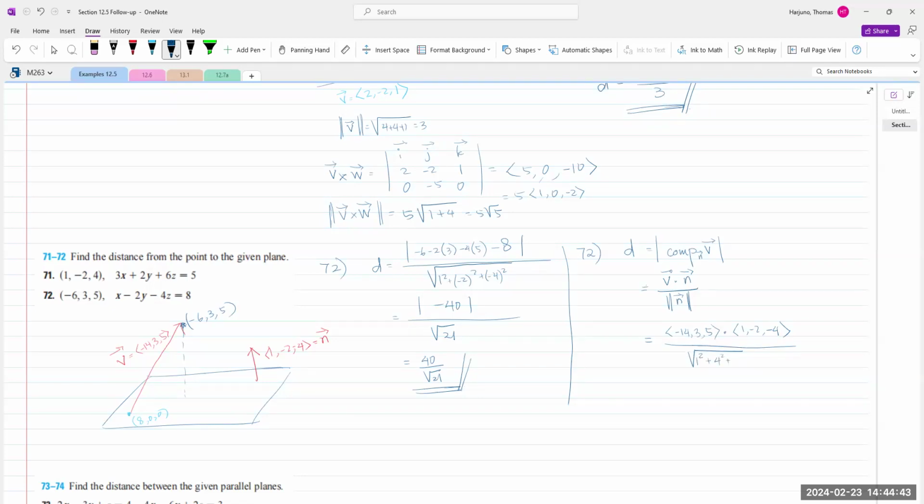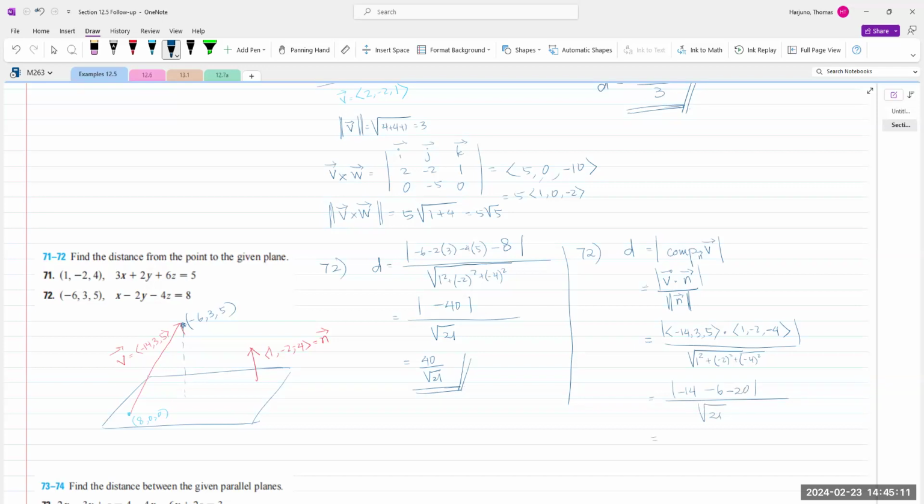which is 1 squared plus -2 squared, what am I doing, plus -4 squared. Now on the top, I will get -14 minus 6 minus 20 in absolute value, over the square root of 21.